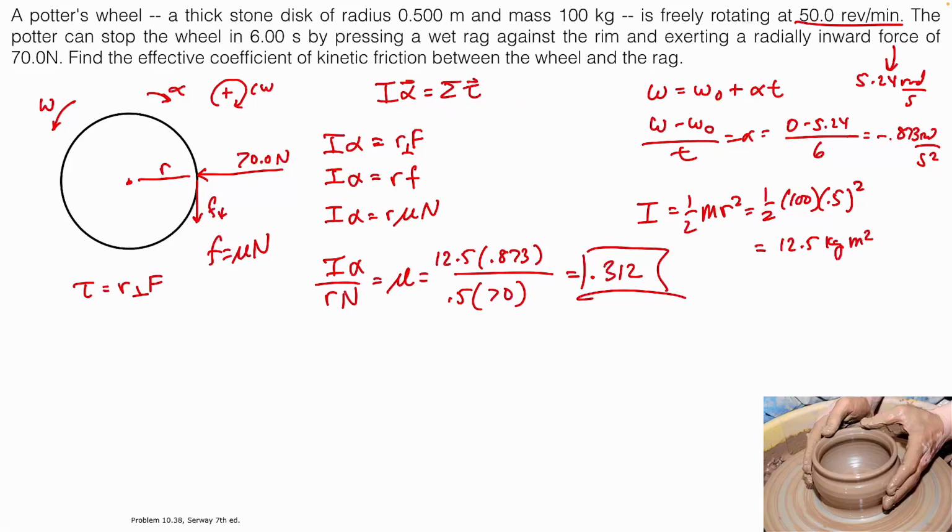I could have made them both negative if I wanted to, and then the negatives would have canceled. Just because I get a negative sign out of, say, kinematics, that doesn't mean I just plug that negative sign into my Newton's second law equation. The direction of things in Newton's second law depends on what we draw in our free body diagram. Good question. One that I often forget is a question.